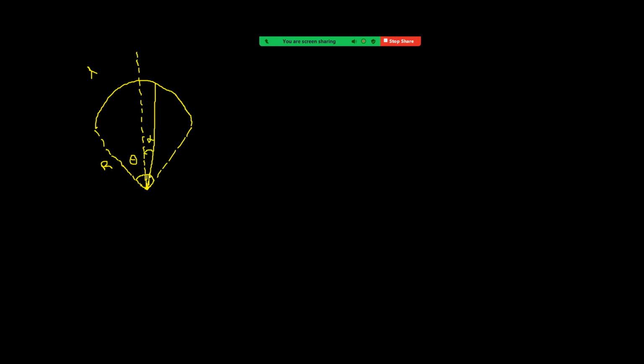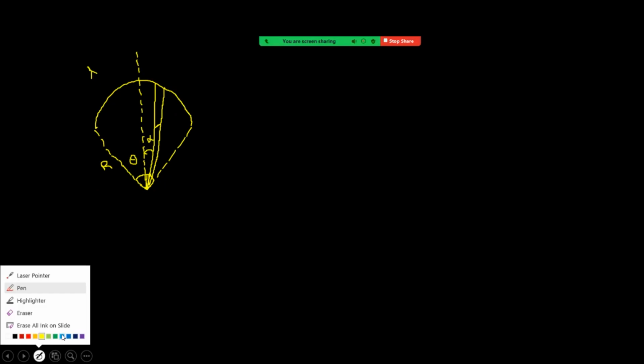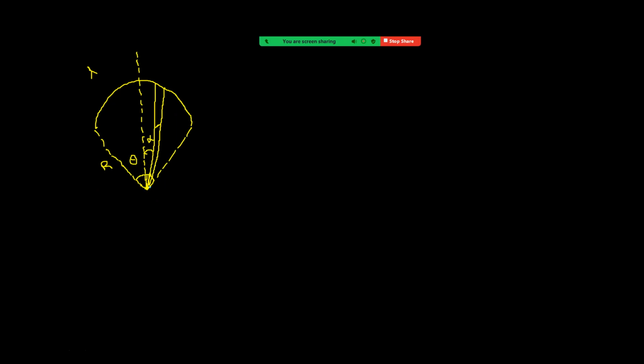Take a small change, it is d alpha. Here we are imagining one unit mass, and there is one more point mass. Its length will be r into d alpha, and that will be along the line joining them.